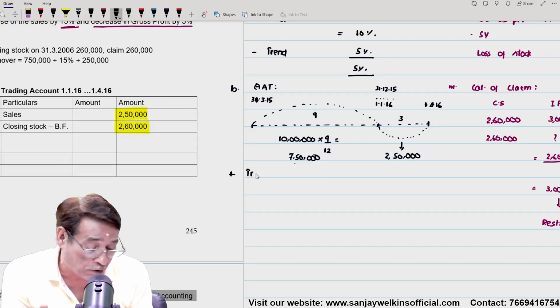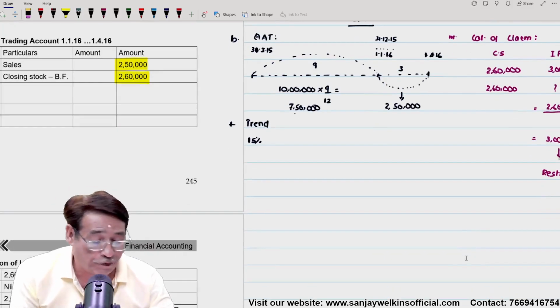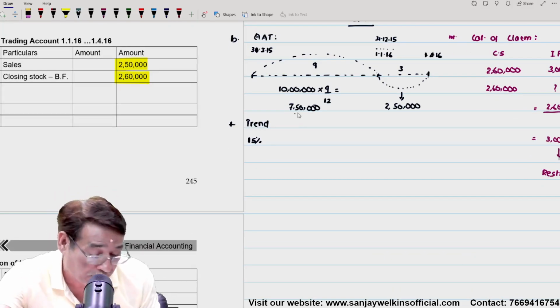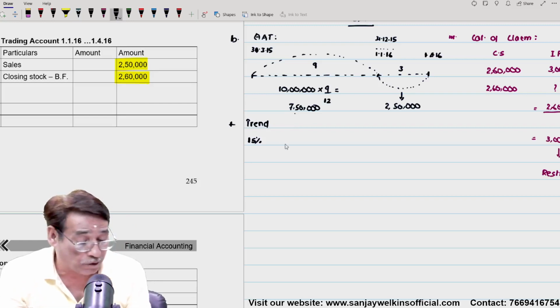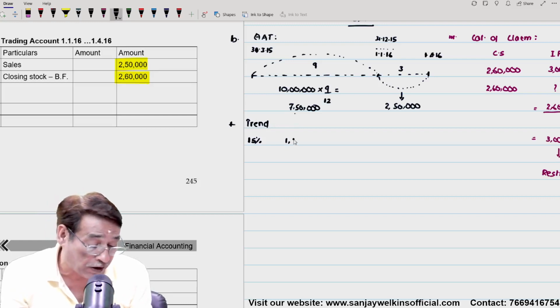It is given in the question that turnover is rising by 15%. So what I will do, I will compute 15% of 7,50,000. I will compute 15% of this figure, 1,12,500.